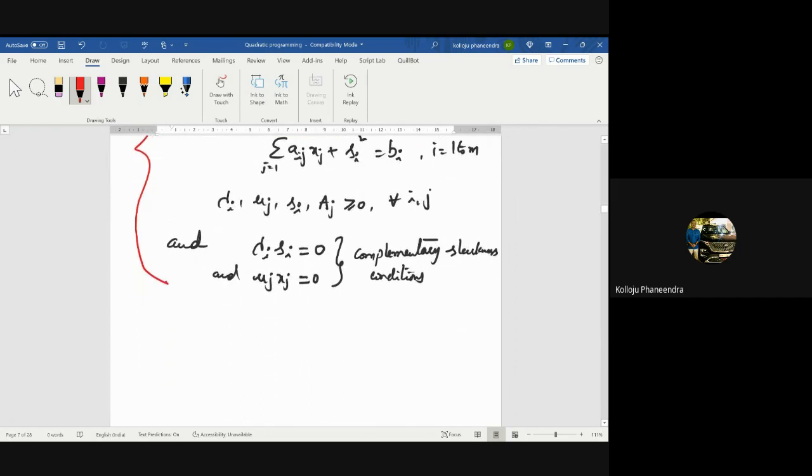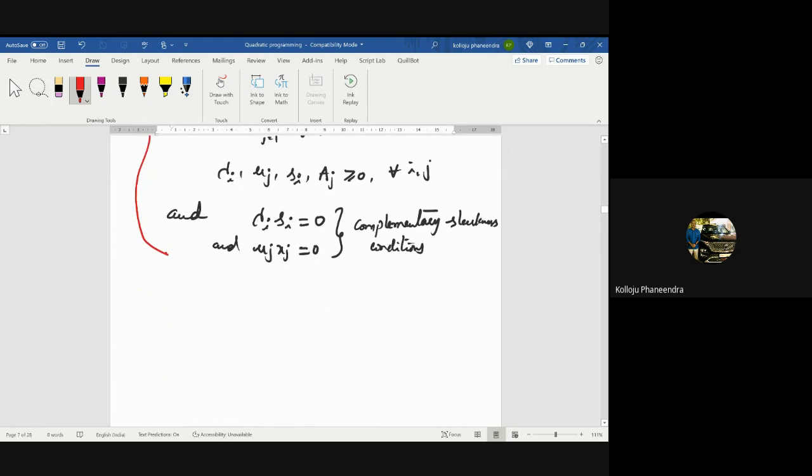Now solve the phase 1 problem to get the feasible solution, which satisfies all the constraints. Done.